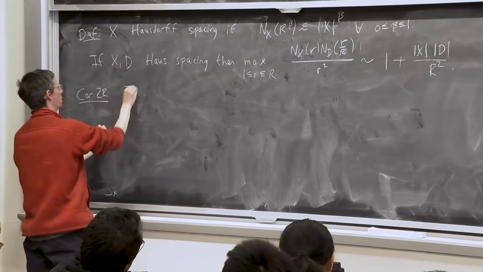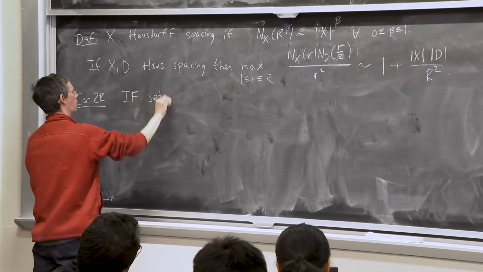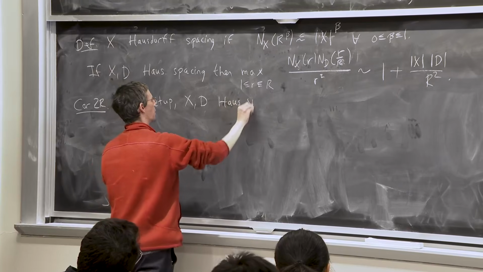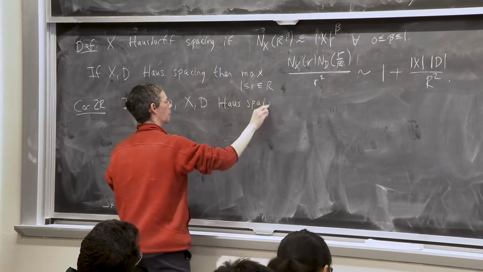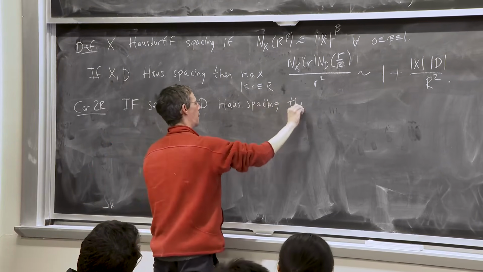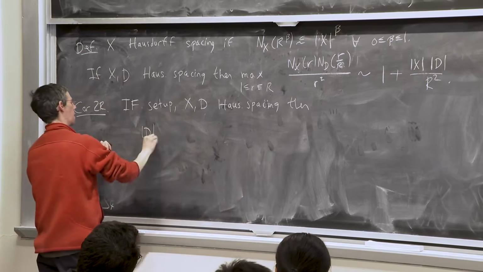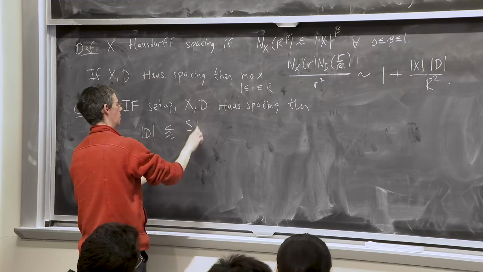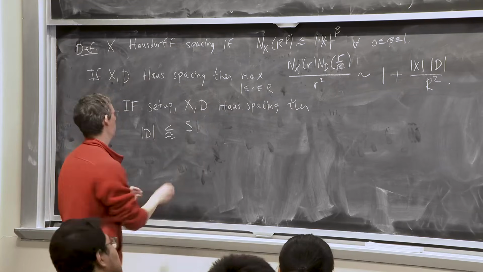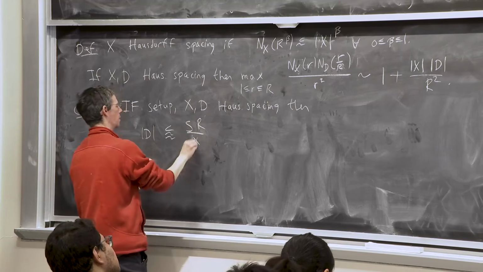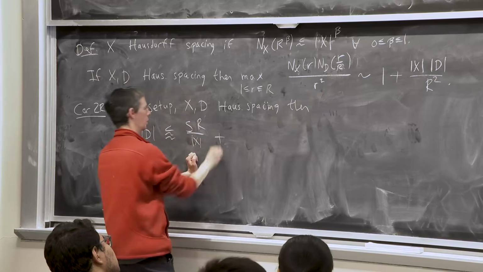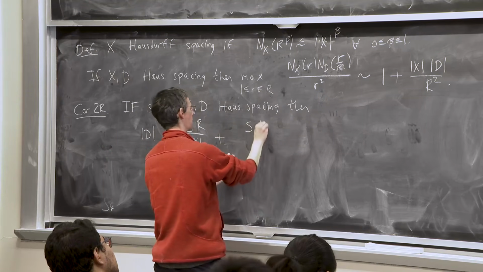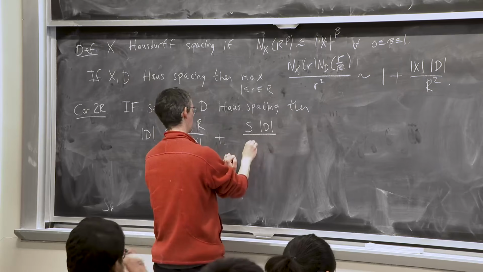The corollary says if we have our setup and x and d have Hausdorff spacing, then the number of directions is bounded by SR over x times 1 plus SR over x times this thing, S d over R.